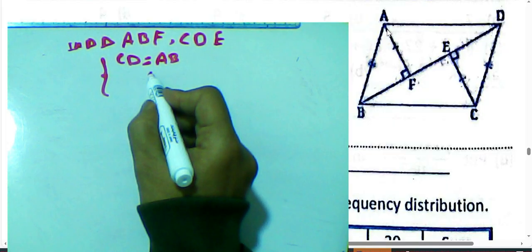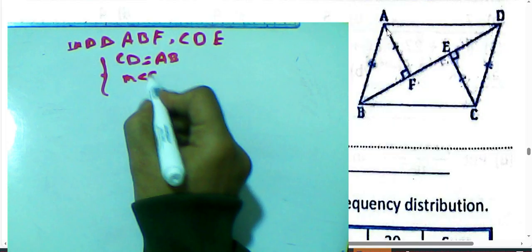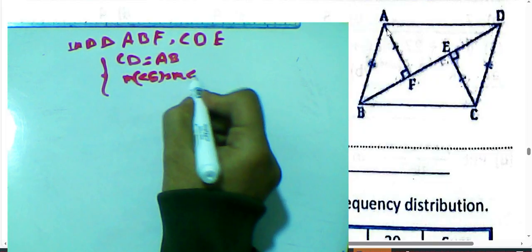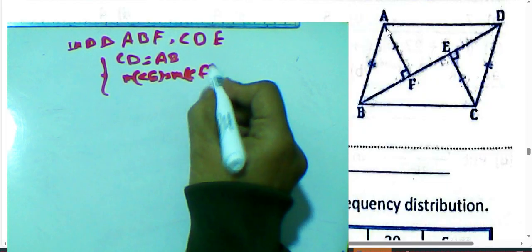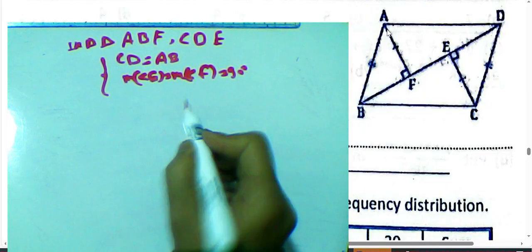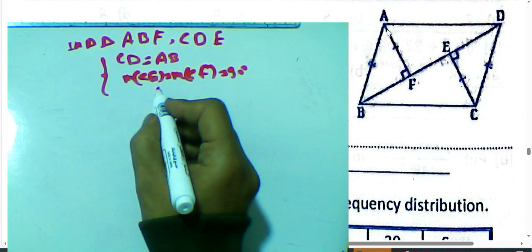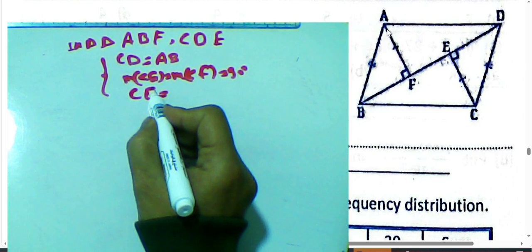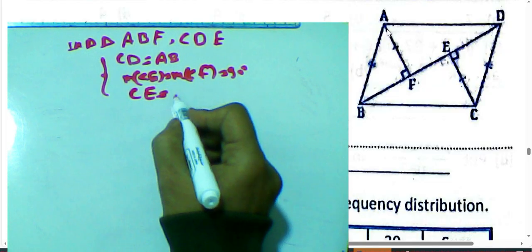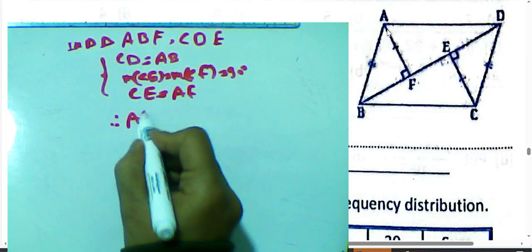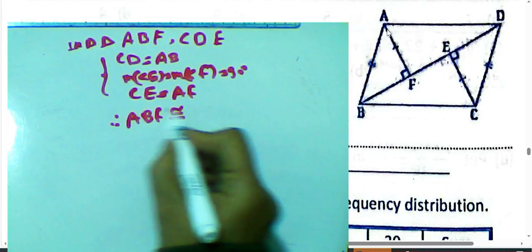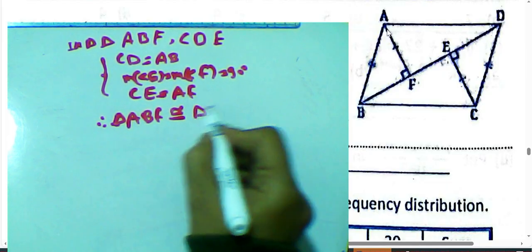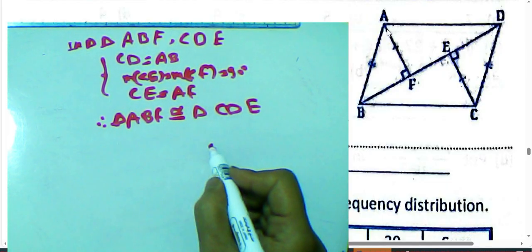He gave me this information, and the measure of angle E is equal to the measure of angle F, which is 90 degrees, and also he gave me line segment CE equal to AF. Then triangle ABF is congruent to triangle CDE, they are congruent.